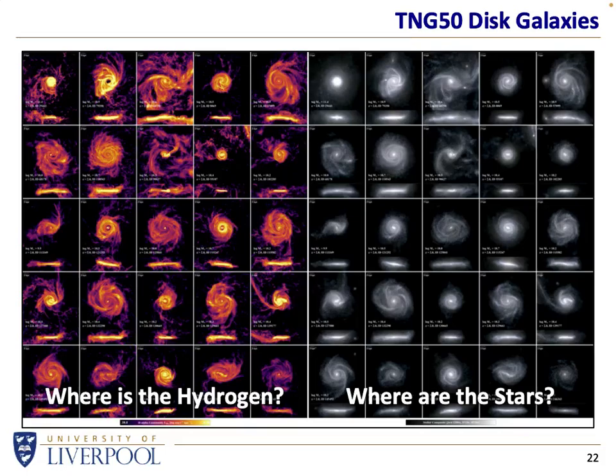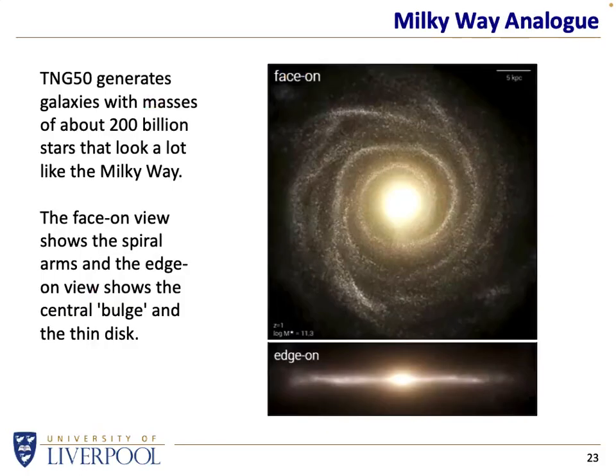And again, when we think about these galaxies on the right-hand side, these are all simulations, but anybody who's ever either looked at galaxies through a telescope or looked at the various images that Hubble or various other telescopes have produced, we realize these all look very sensible in that they all seem to be the sort of structures that we do indeed see in the universe. And perhaps most importantly, we can ask, does the simulation generate galaxies similar to our own? Does it generate galaxies similar to the Milky Way?